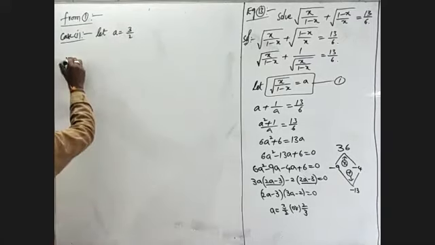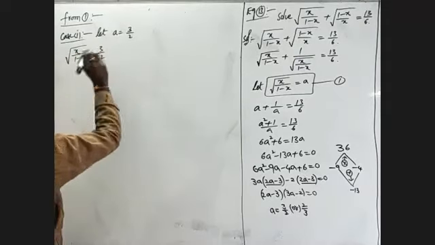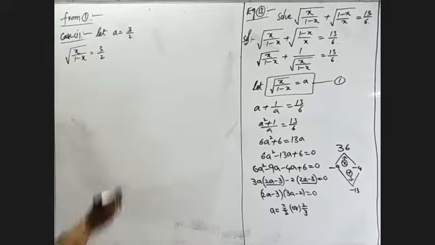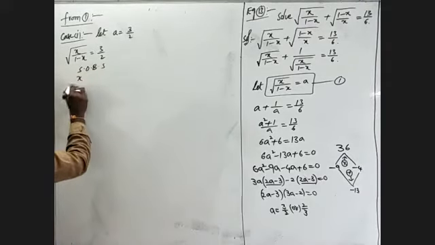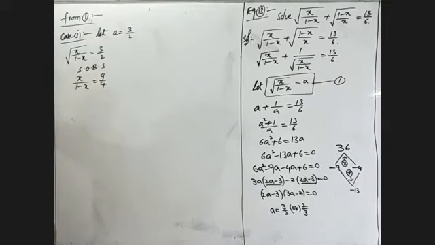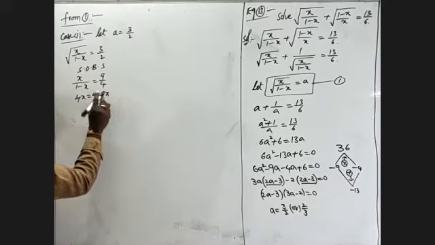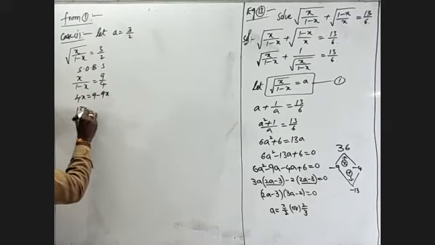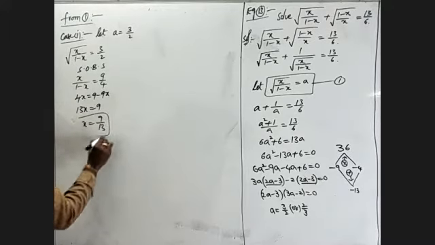Root of x by 1 minus x is equal to a, and a means 3 by 2. Squaring on both sides, I will write x by 1 minus x is equal to 9 by 4. By cross multiplication, 4x is equal to 9 minus 9x. This value moves to this side, so 13x is equal to 9, and x is equal to 9 by 13.